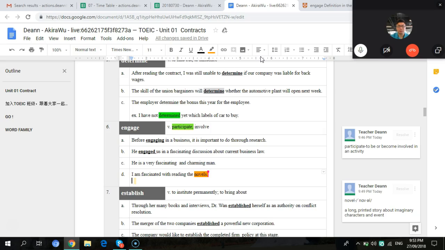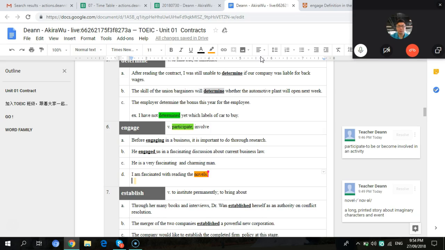But let us note that English words sometimes have multiple meanings. One word can have a lot of meanings. So the engage here that we are using is participate and involve. When it comes to engagement or marriage, it is another meaning.